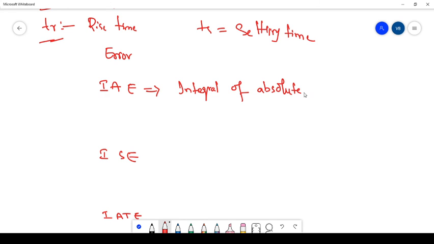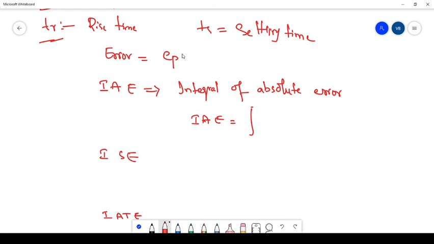We are going to calculate the IAE value. Error is, let us define, EP. We can define IAE as the integration of absolute error.